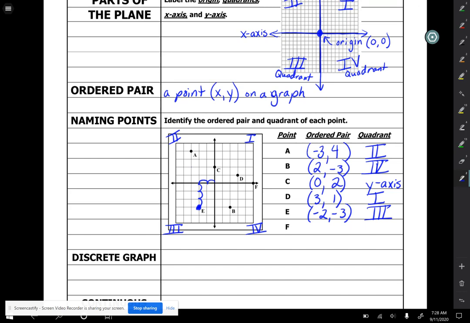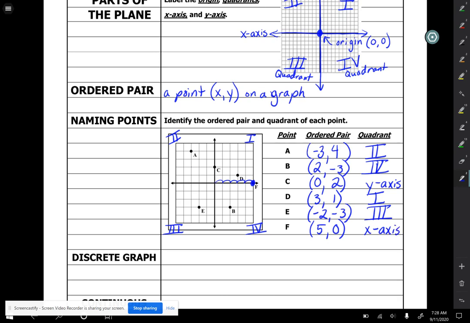Okay. And then point F is right here. And starting from the origin, to get there, I need to move to the right 5. So that's positive 5. And then I'm already at F, so I don't have to move up or down at all to get there. And this point is on the x-axis, not in a specific quadrant. Okay.